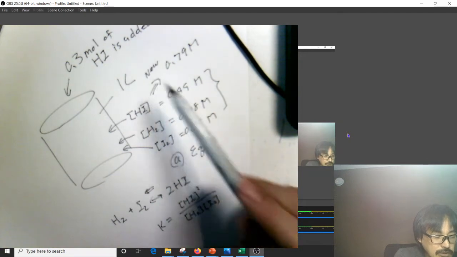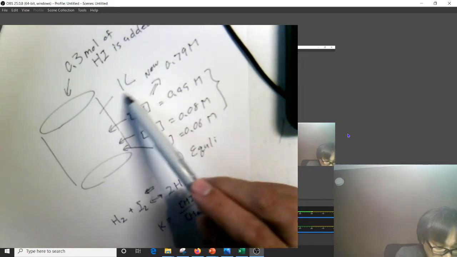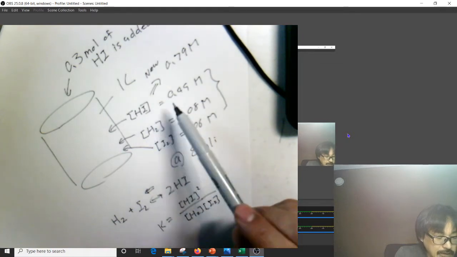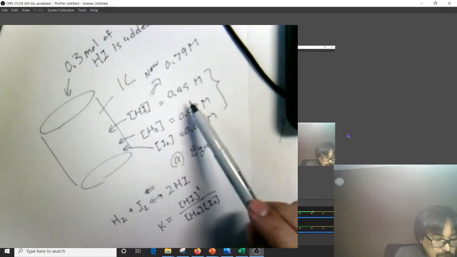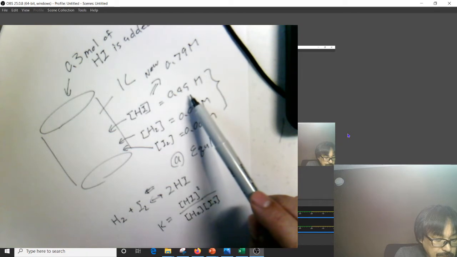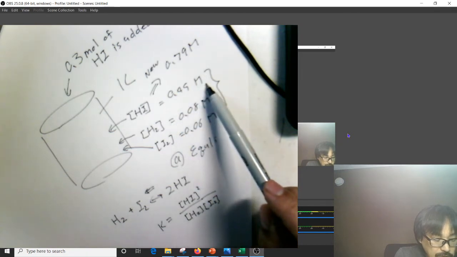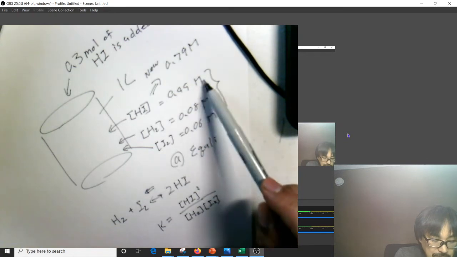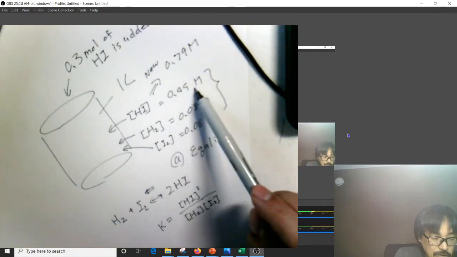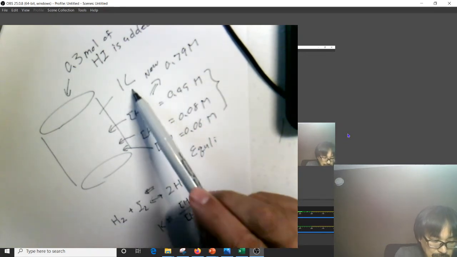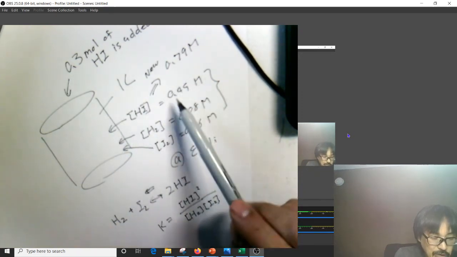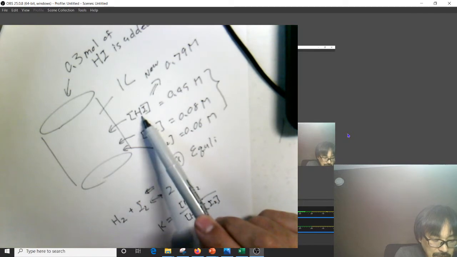The new concentration of HI: this solution has a volume of 1 liter, containing 0.49 mole of HI. That's what the capital M really means, number of moles per liter, and the volume is 1 liter, so you have 0.49 mole of HI in 1 liter.